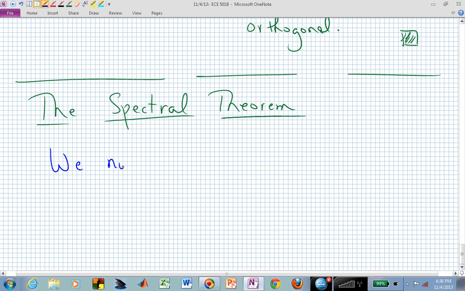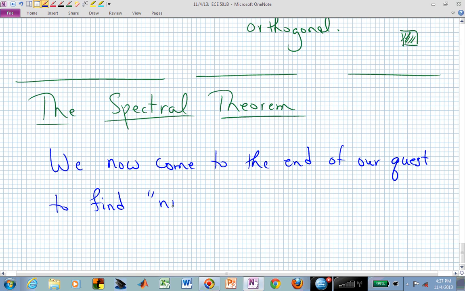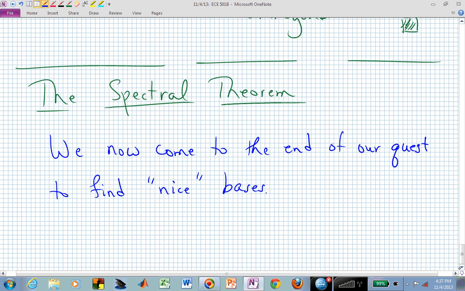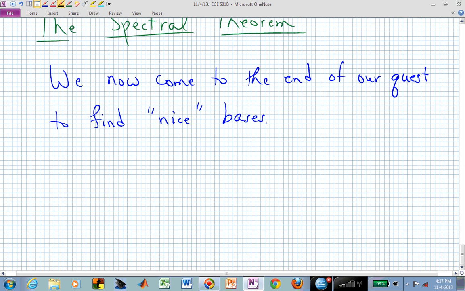So we now come, let's say, to the end of our journey or our quest to find nice basis for these operators. And nice probably means, can we find a basis where we can diagonalize these operators? And that's the spectrum. Our spectrum will live on the diagonal.